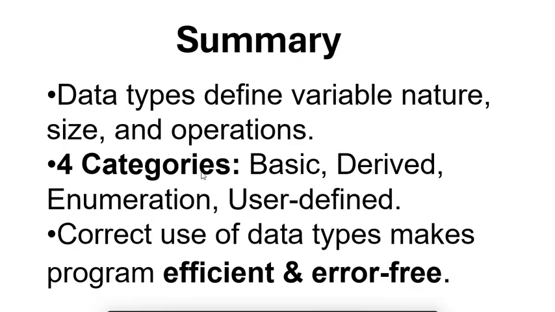Here we have 4 categories: basic data types, that is primary; derived data types, which are derived from the basic data types; enumeration, that is enum; and user defined data types. These are all the 4 data types present in C. And correct use of data types makes the program efficient and error free. If we use the data types in the proper way and wherever we need, then the program will be efficient and error free.